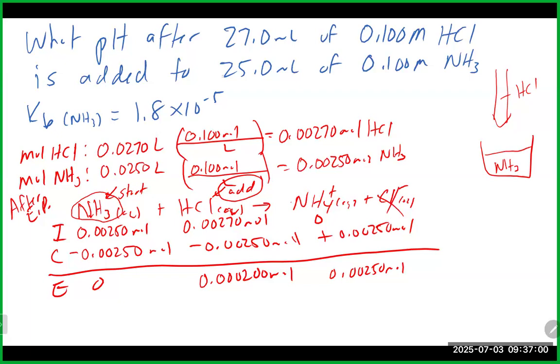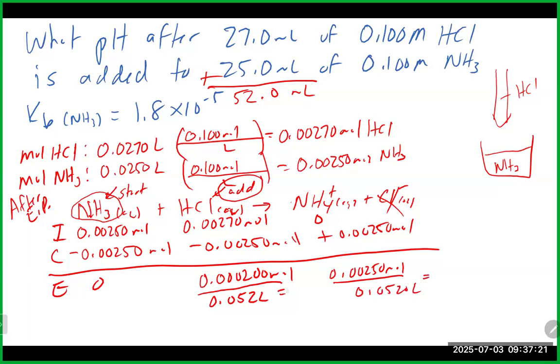Our total volume at this point, I got it lined up nicely, that's going to be 52 milliliters, I believe. And that means that is what we're going to divide this, guys, by 0.052 liters. Again, we do need to convert it into liters in this case.